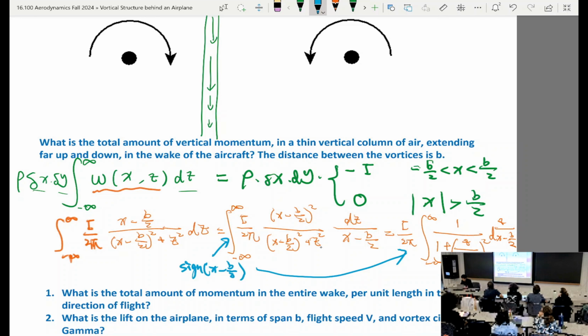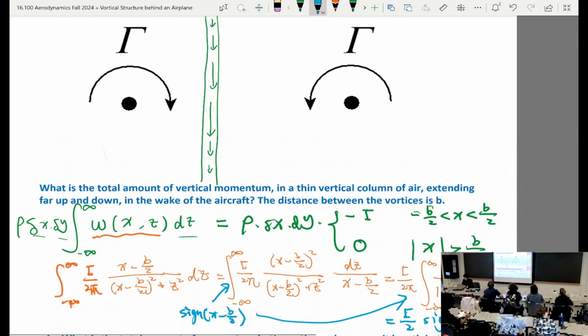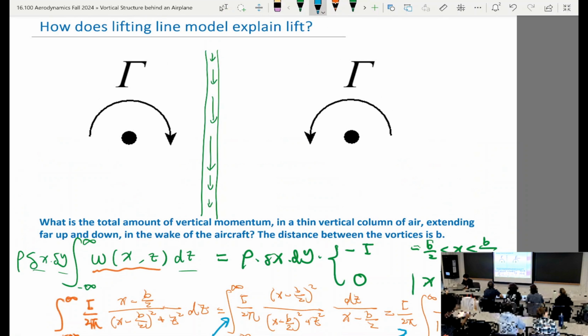So this whole thing is equal to just gamma over 2, because the pi cancels, times the sign of x minus half b. This is from half of the vortex on the right hand side. So if you think about the total function, I get half of gamma over 2 here, and minus half gamma over 2 here.